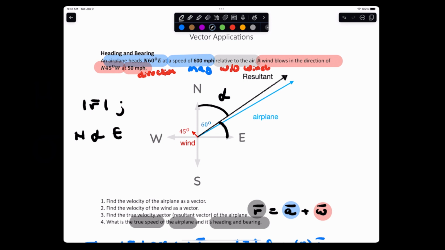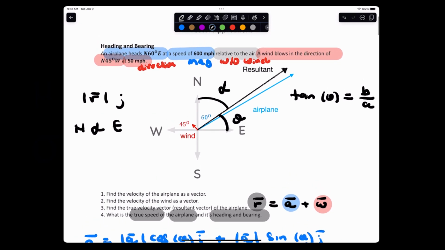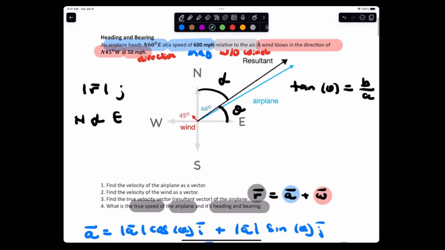Because I can get the standard angle theta by using tangent theta. Wasn't that B over A? Do you guys remember that? And then how do I get the magnitude? Wasn't that the square root of A squared plus B squared?